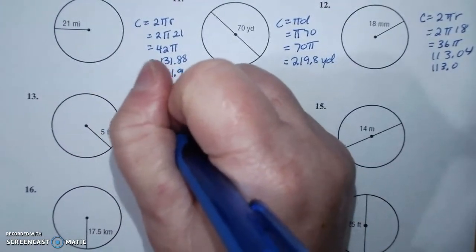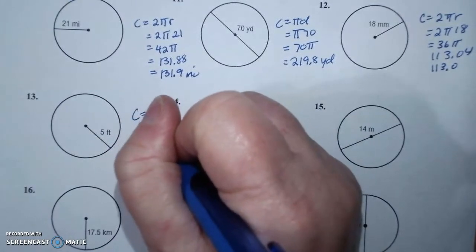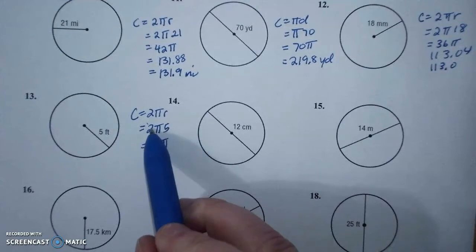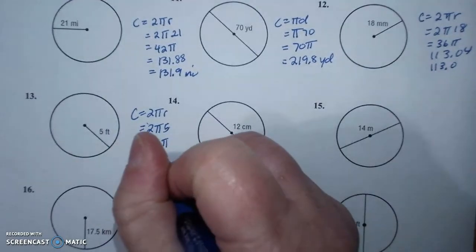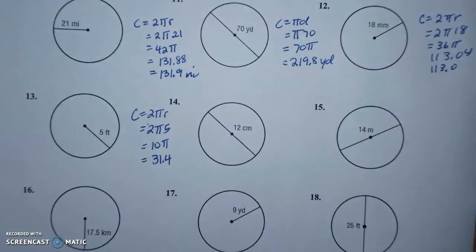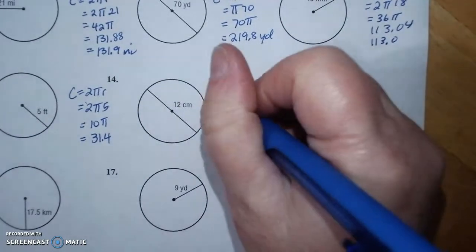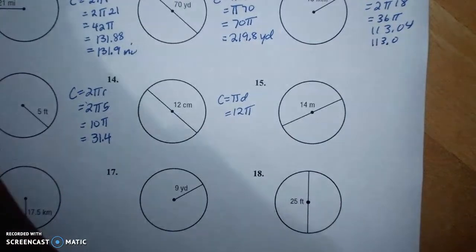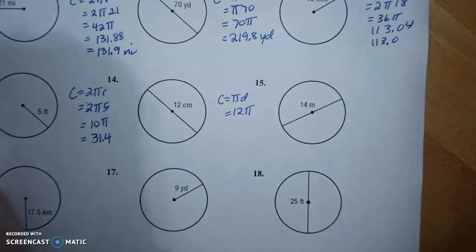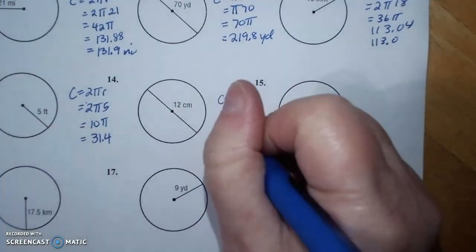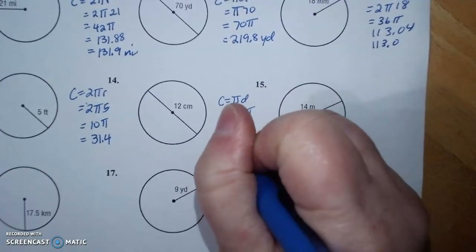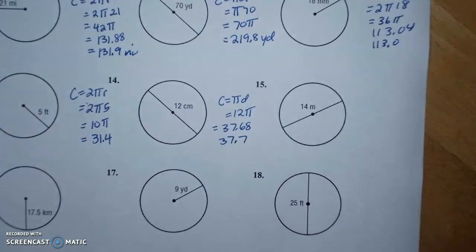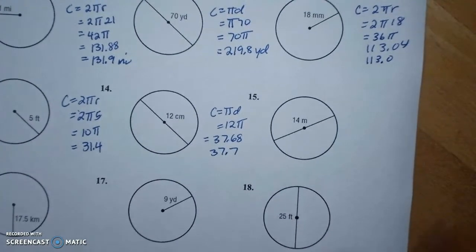C equals 2 pi r equals 2 pi times 5 equals 10 pi. So all I did was multiply 5 times 2, pulled it out front, which is 31.4. C equals pi d equals 12 pi. 37.68, which would be 37.7. And this is what I'm expecting on shown work also when you're finding circumference.